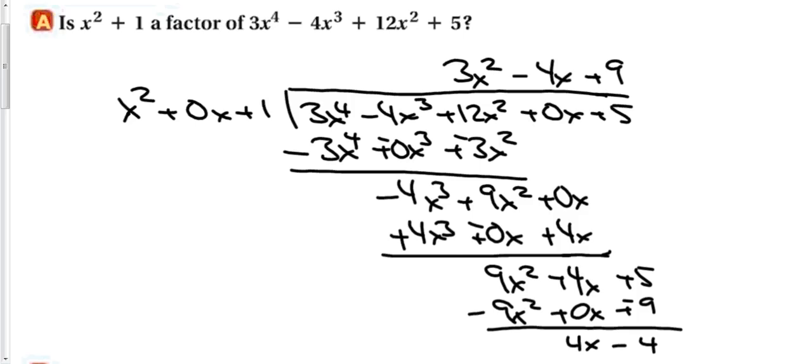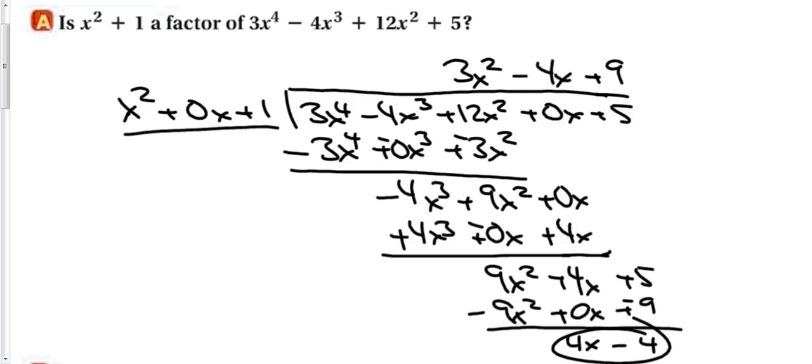Now, the degree of my remainder is 1. The degree of my divisor is 2, which means the degree of the remainder is less than the degree of my divisor, which means we are done. So 4x minus 4 is actually my remainder.